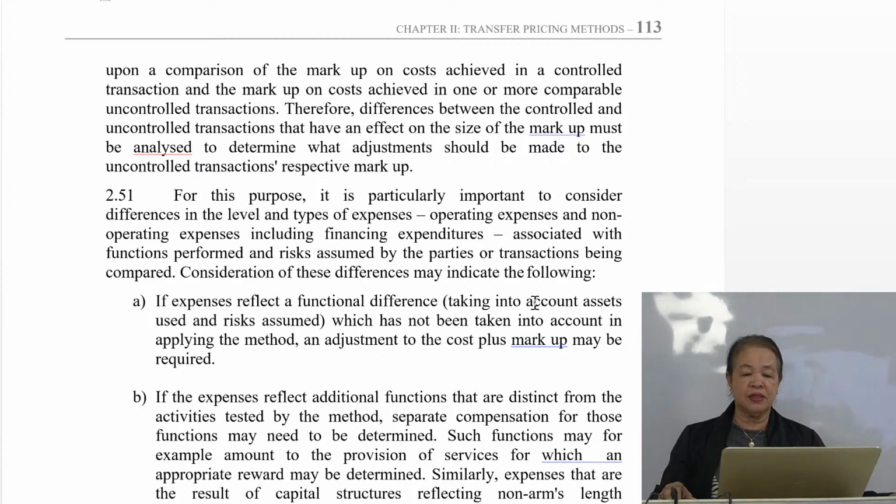Consideration of these differences may indicate the following. Okay. So, paano mo i-consider yung mga expenses?